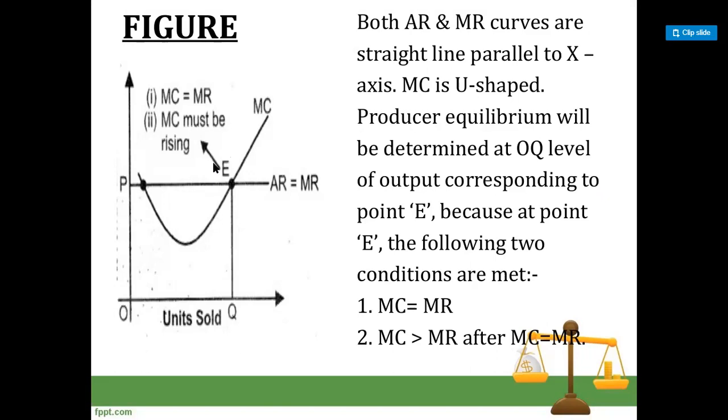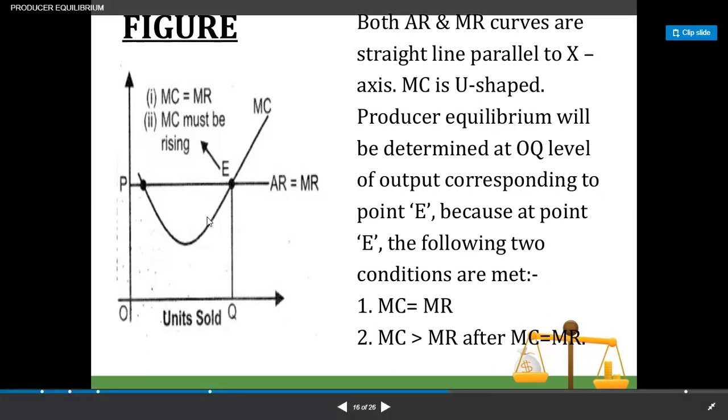In the previous revenue chapter we studied that. Output is shown on the x-axis, and revenue and cost on the y-axis. Both the AR and MR curves are straight lines parallel to the x-axis. The MC curve is U-shaped.